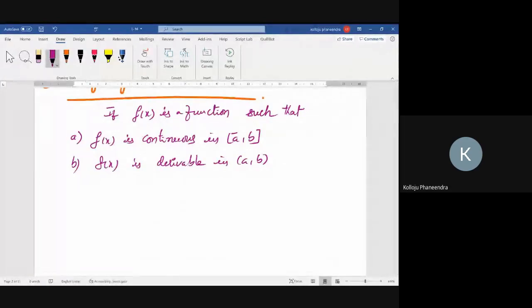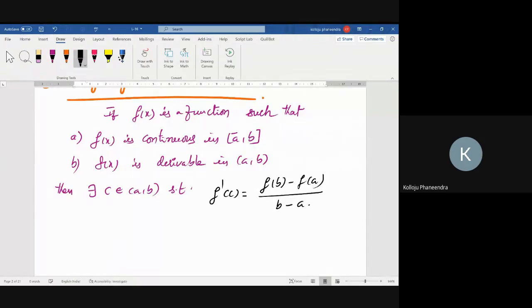Then there exists C belongs to open AB such that f dash C equals f of B minus f of A whole by B minus A. And geometrically, what is the geometrical explanation?